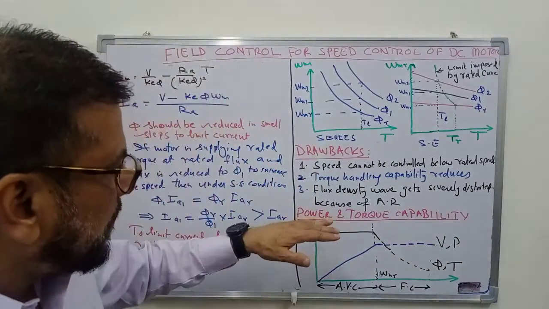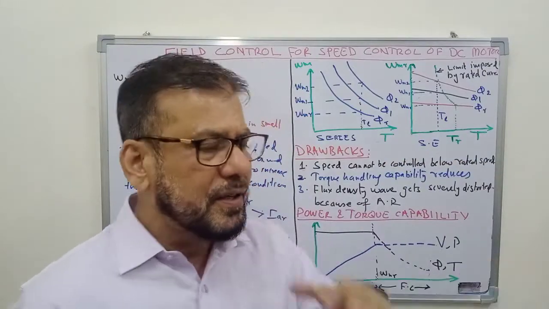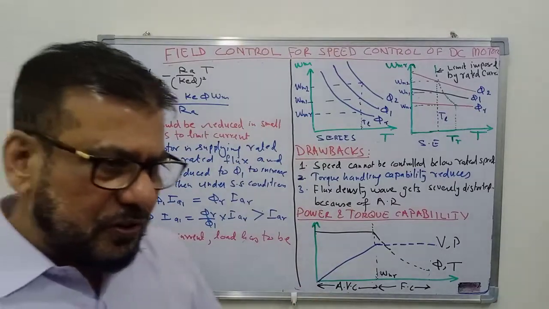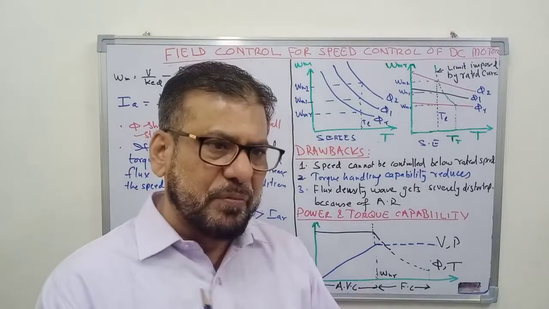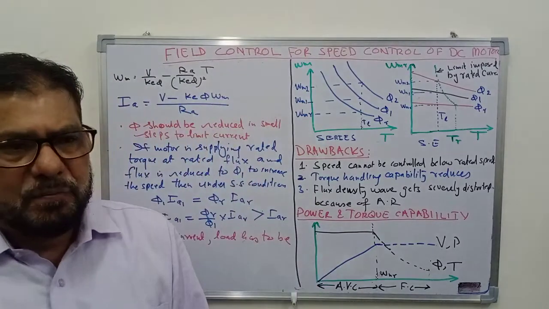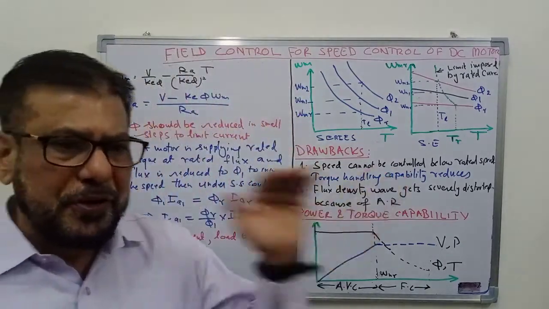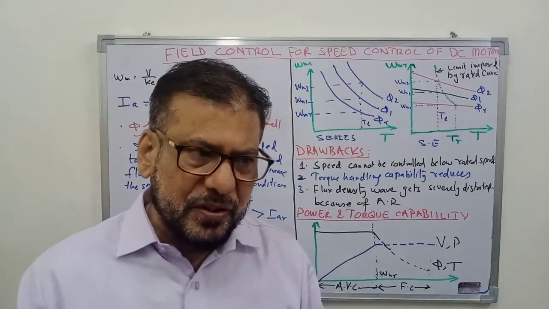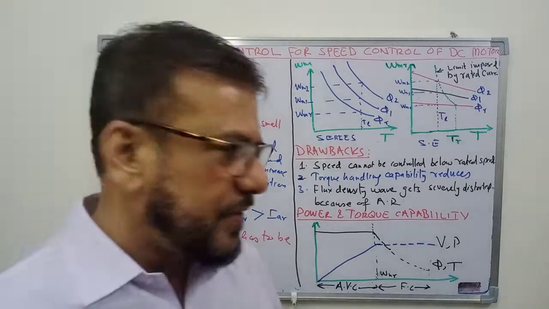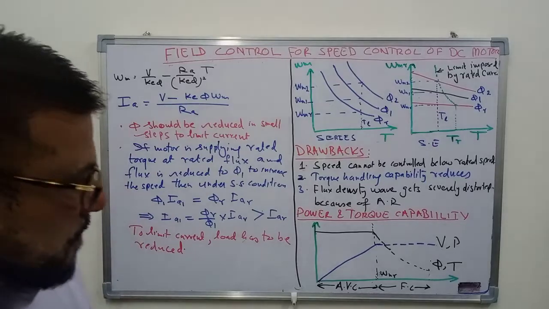But here what we are doing is, armature reaction flux is constant at rated current, but the field flux is now being reduced. So the field flux becomes small as compared to armature reaction flux. So the effect of armature reaction pronounces, or you can say that the flux density will become more peaky. It will increase the iron losses, as well as it will cause problem in the commutation of current. So this is the third drawback of the field control method.